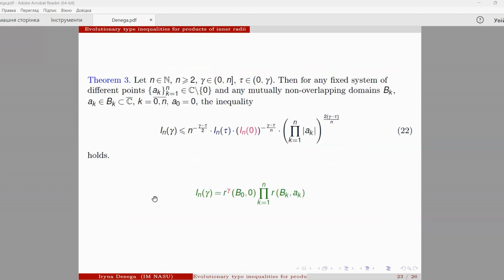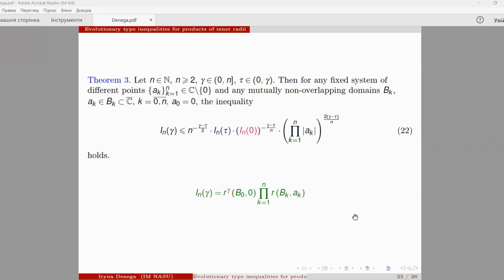Theorem 3. Let n be a natural number, n more than or equals gamma, gamma from the interval (0, n) and tau from the interval (0, gamma).